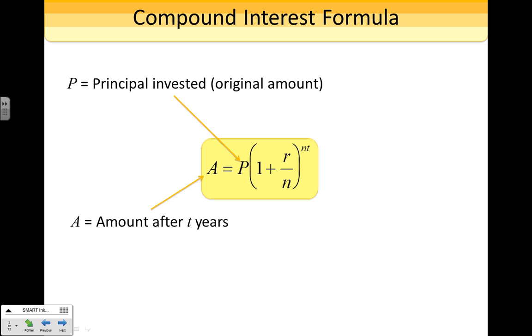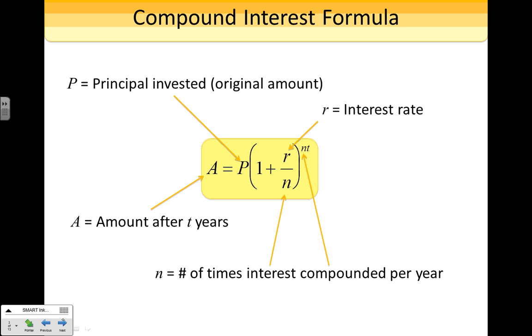P, again, is your principal invested, the original amount. R is, again, going to be your interest rate. And N is the number of times it is compounded per year.